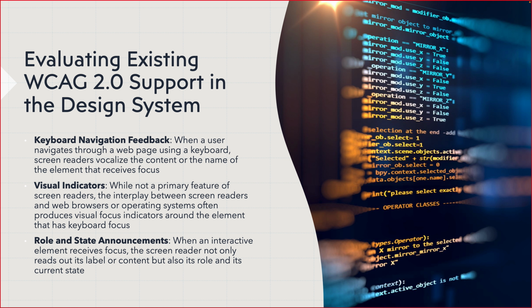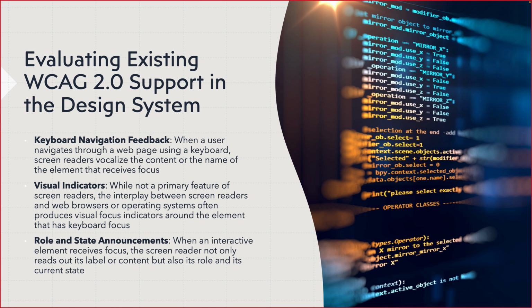The second thing is the visual indicators. Whatever element has the focus, is it able to read out its information? The primary information being the label, what kind of field this is, and secondary information being any tooltips, and so on. The third one is the role and state announcements.